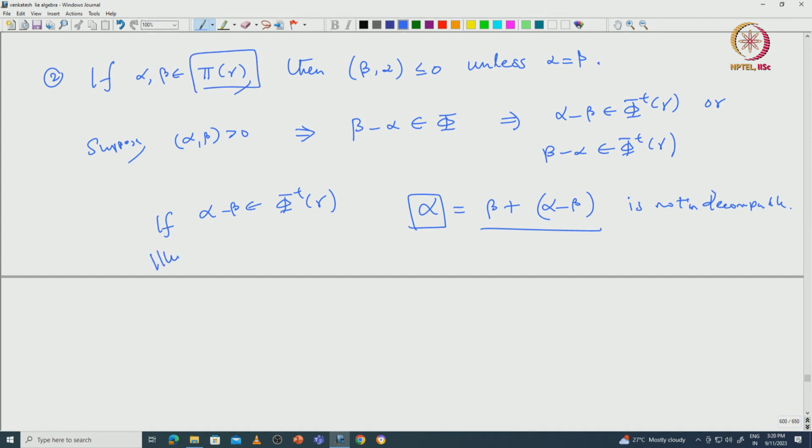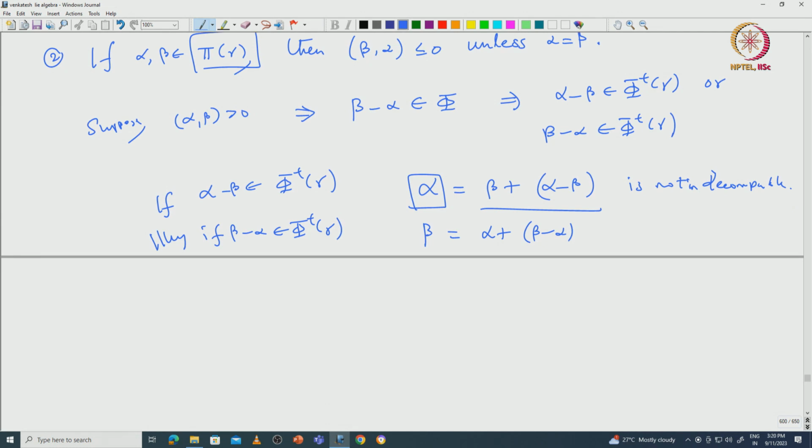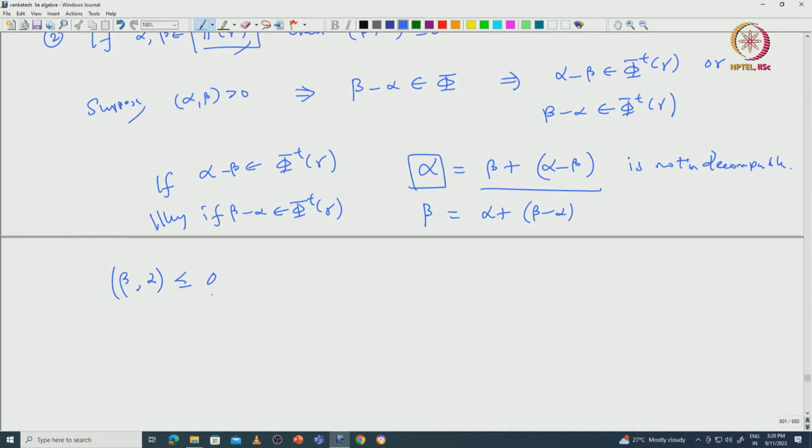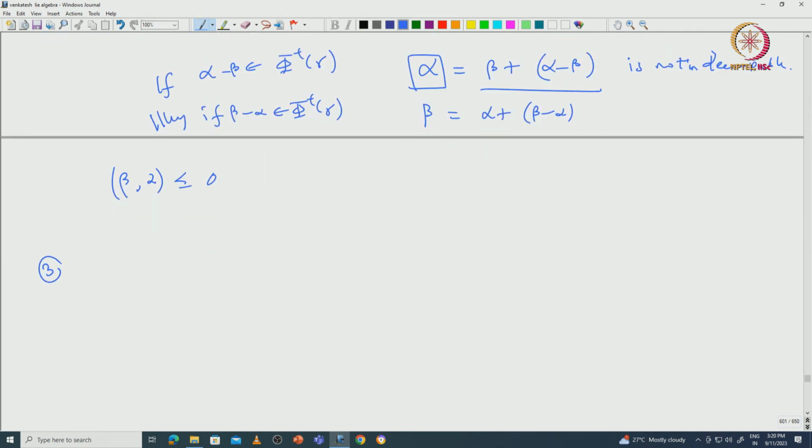Similarly, if beta minus alpha is in phi plus of gamma, you can write beta as alpha plus beta minus alpha. Again it contradicts the indecomposability of beta. So, in both cases we get a contradiction. That proves that the inner product beta alpha must always be non-positive for all alpha, beta in pi of gamma such that beta is not equal to alpha. So, this geometric constraint guarantees that pi of gamma must be linearly independent.